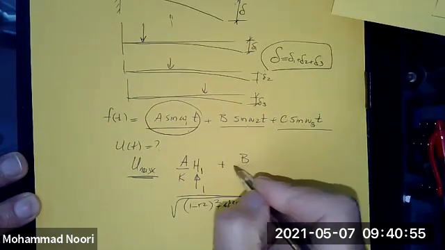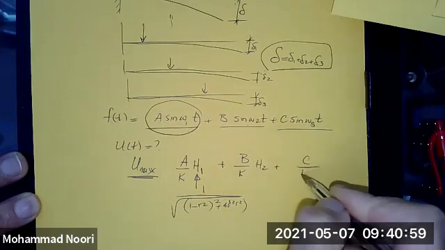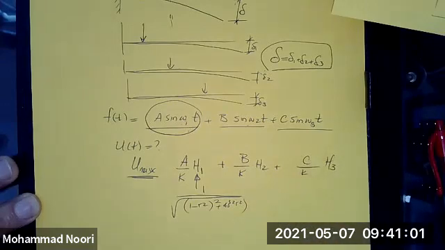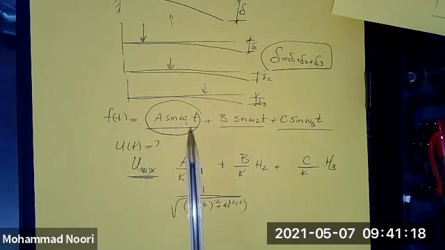So this would be B over K times H2 plus C over K times H3. So that's the beauty of this Fourier series expansion, because you have reduced the problem into an infinite sum of harmonic forces. So for each harmonic force, as you see, you can simply find, say, the maximum response, or the response itself, and add them up. We'll do that in a minute by doing an example.